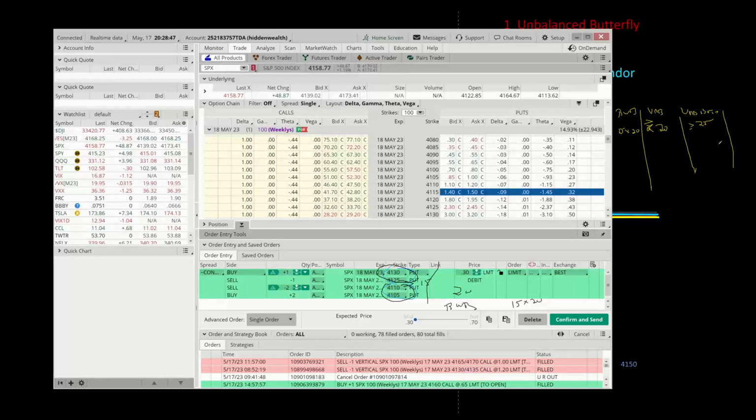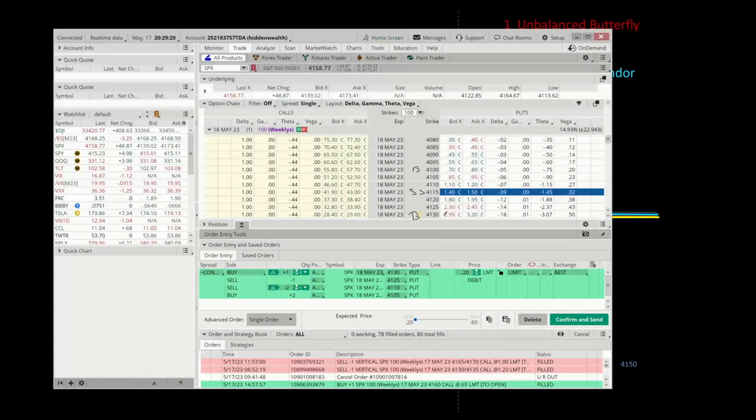Okay, now the question came in, what does 15 by 20 mean on a BWB? Remember, a BWB is the purchase of one vertical spread. Well, a normal butterfly would be this. Let me back up one. I'd buy the 30, sell the 15, then sell the 15, and buy the 4100.